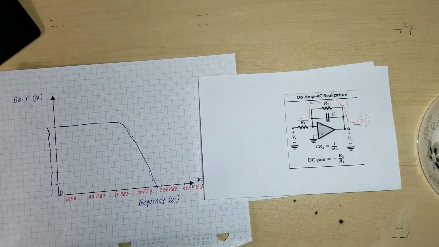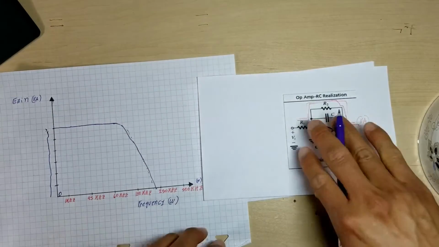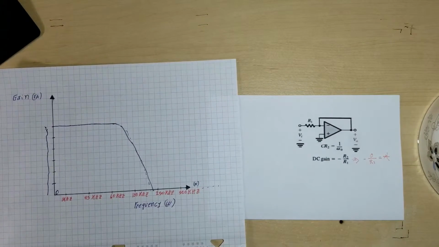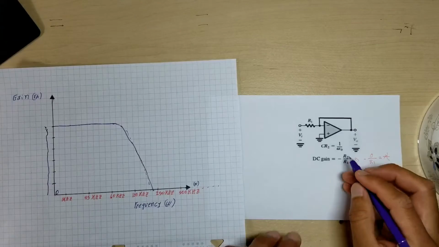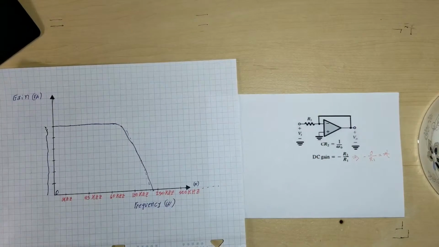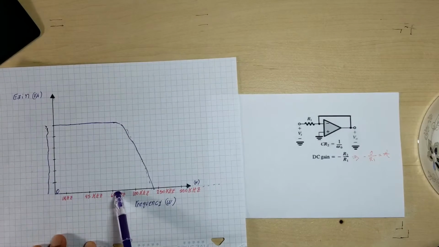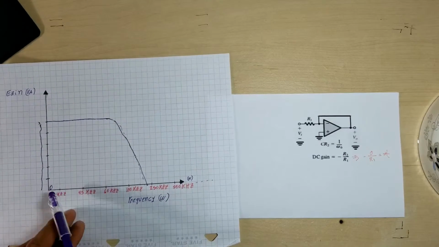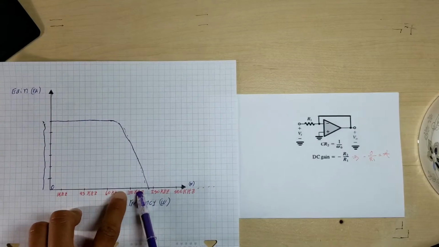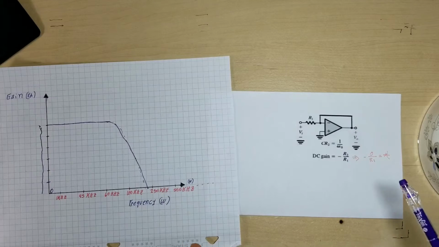But as we approach a high frequency, the circuit totally became like this, and no gain, nothing. And this is basically how the low pass filter works. With low frequency, this circuit behaves and works fine, and when you introduce a high frequency, this circuit becomes just like this and doesn't really have a gain.